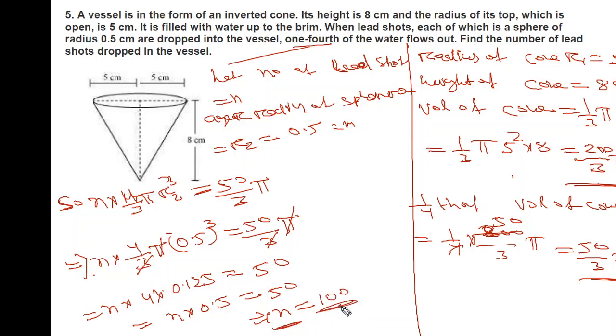So n equal to 100, who is n? N is the number of lead shots. So the number of lead shots is 100 here.